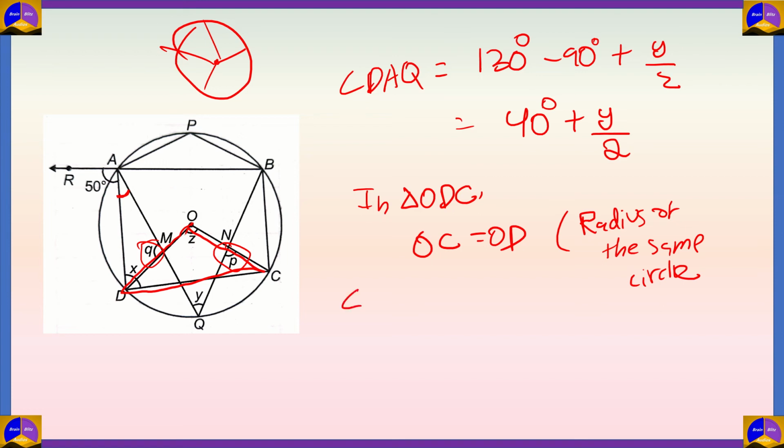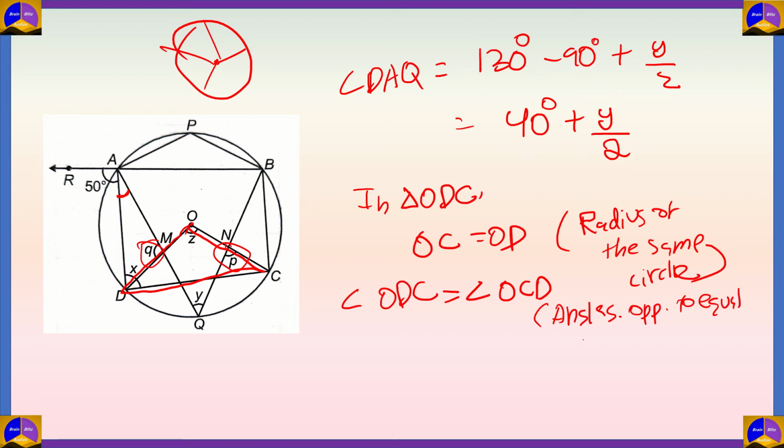Now this also implies that angle ODC is equal to angle OCD. And the reason is angles opposite to equal sides of a triangle are equal.